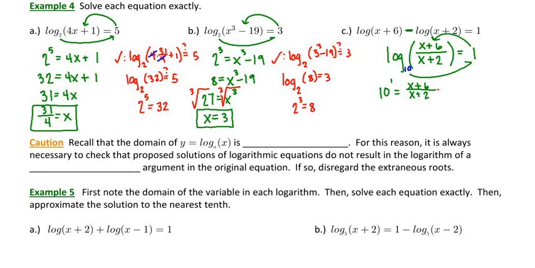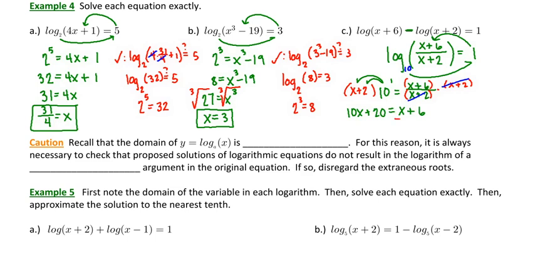The resulting equation here is a rational equation. And we can solve this by multiplying both sides by that denominator, x plus 2. So I'm going to apply that to both sides. Notice it cancels over here on the right. So if we distribute this 10, we're going to end up with 10x plus 20 equals x plus 6.